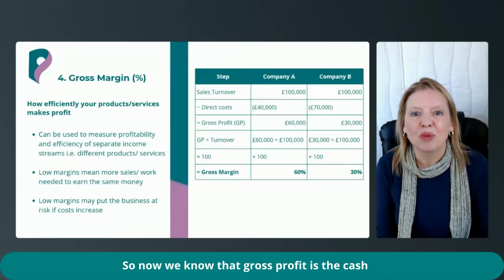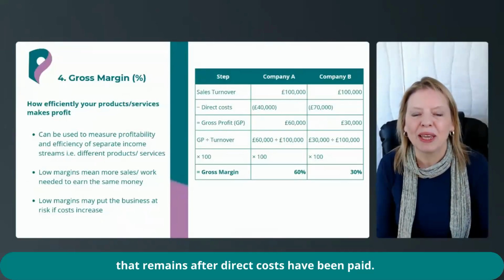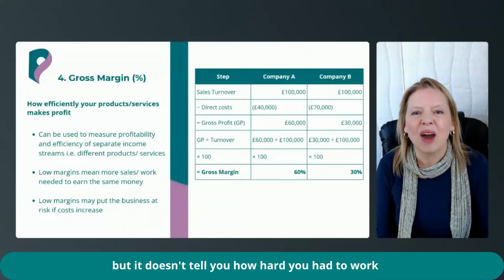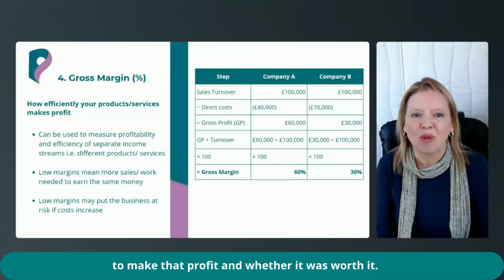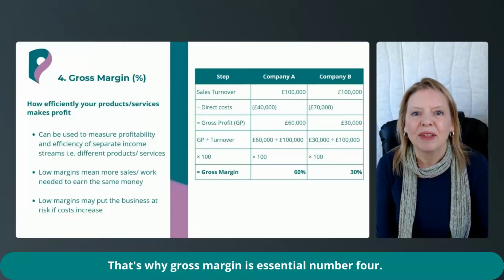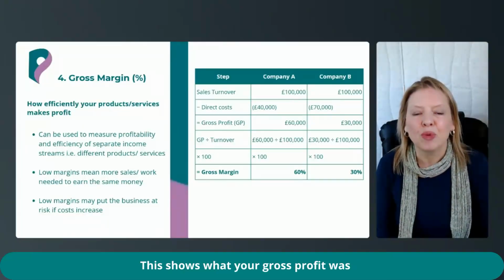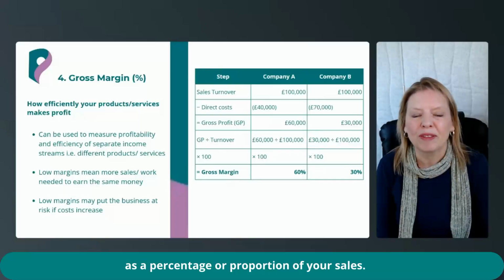So now we know that gross profit is the cash that remains after direct costs have been paid. This is a critical figure, of course, but it doesn't tell you how hard you had to work to make that profit and whether it was worth it. That's why gross margin is essential number 4. This shows what your gross profit was as a percentage or proportion of your sales.